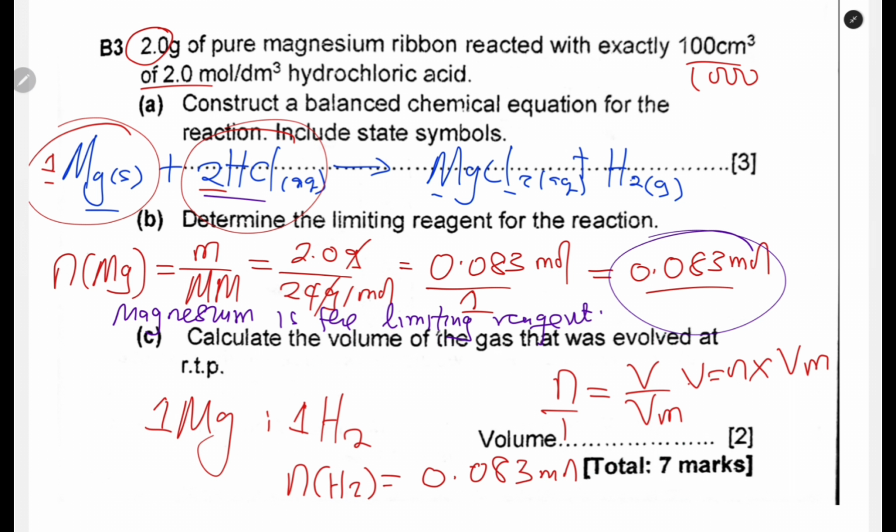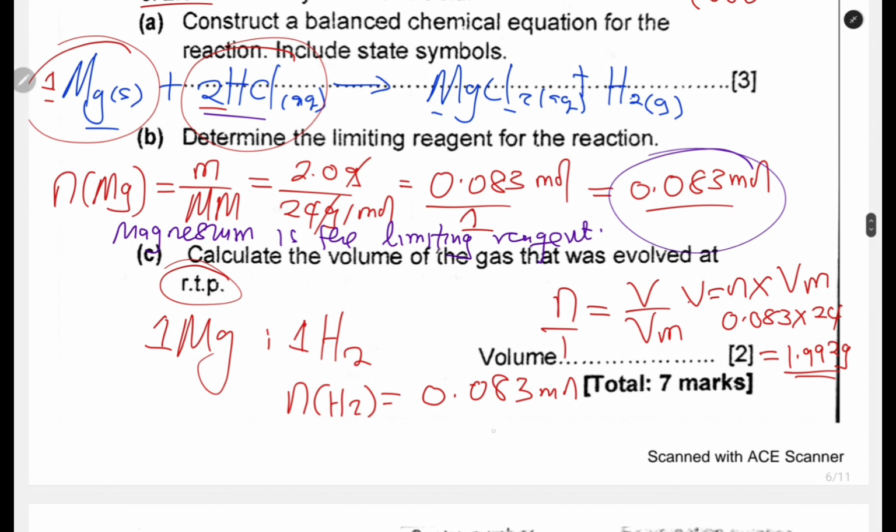Then it's the one that you are going to multiply with Vm. Now Vm, we are told that is at RTP. And therefore you say 0.083 multiplied by 24. And in this one, you are going to find 1.999992 as the volume of hydrogen.